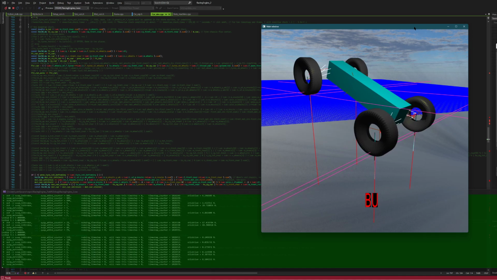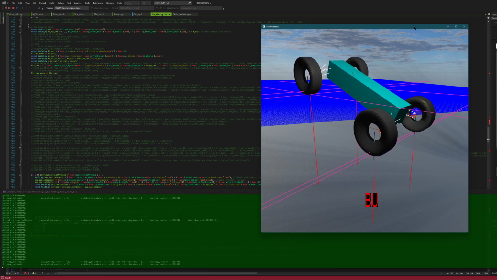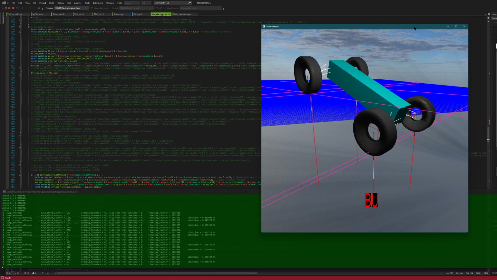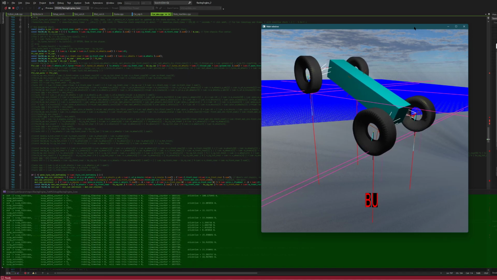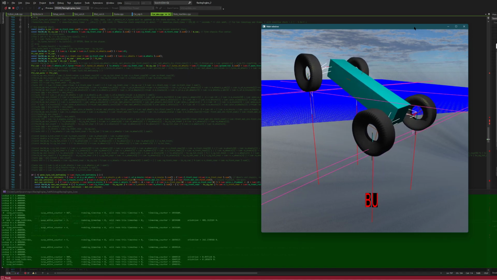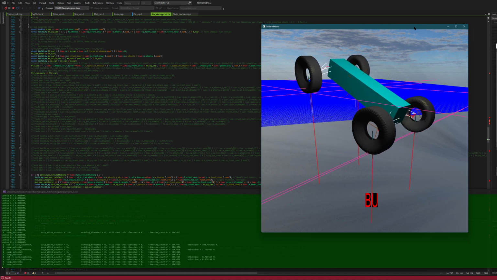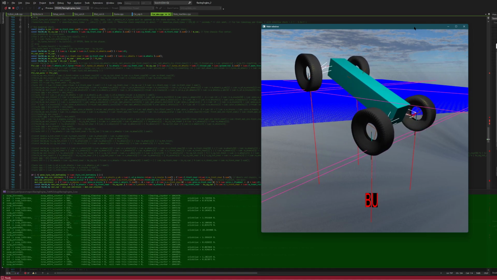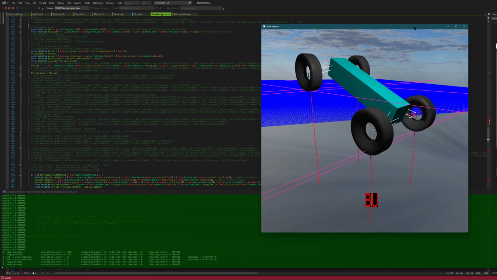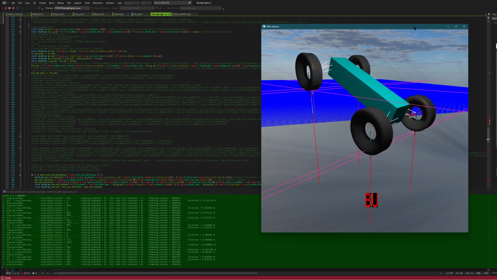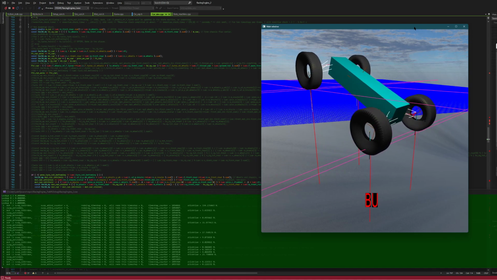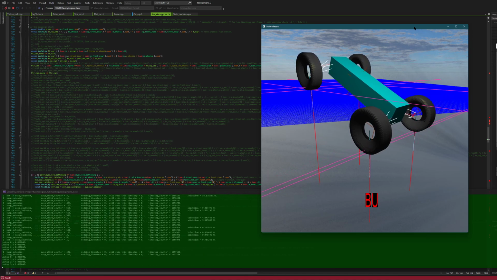So if you have a stiff chassis, then the torque from the engine will not cause differential tire loads.